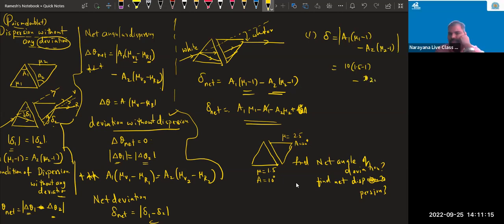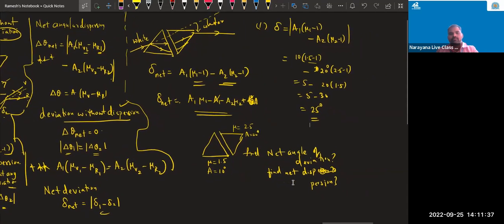A2 value 20 degrees and 2.5 minus 1, so 5 minus 20 into 1.5, so 5 minus 30, 25 degrees. This is the total angle of deviation.